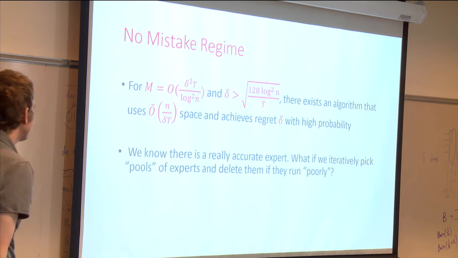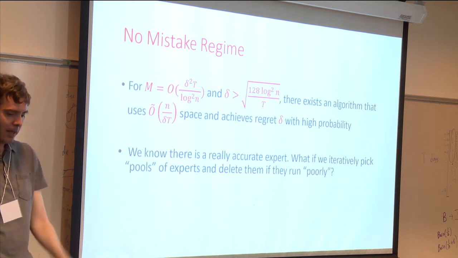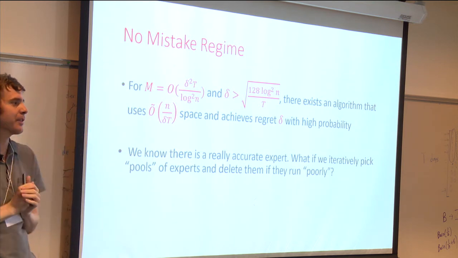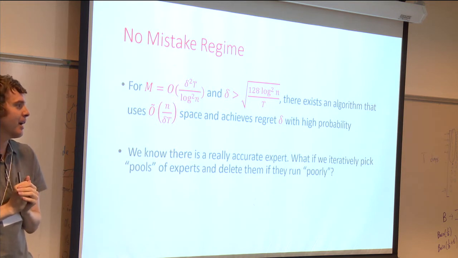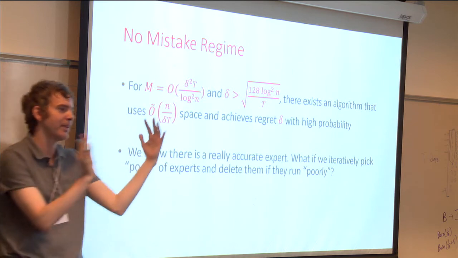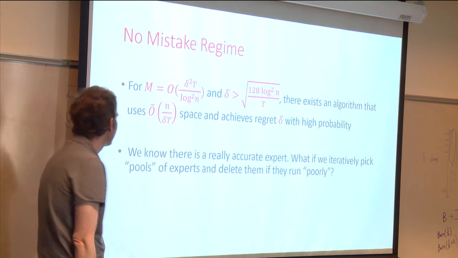Well, something natural would be to pick the first some number of experts and just run one of these classic offline algorithms on that subset of experts. And if they start doing really poorly, then throw them all away and choose the next block of experts. If they start doing poorly, throw them away, and so on.